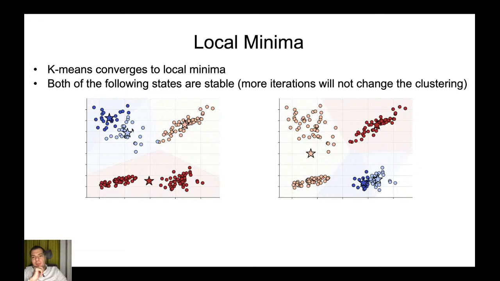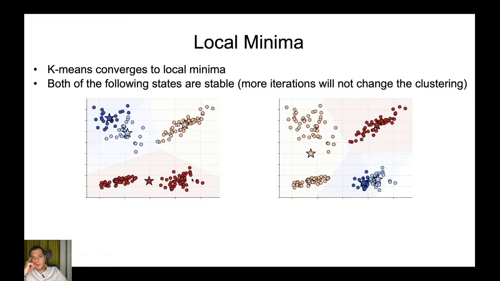In this case we used k equal 4, so this is the optimal number of clusters. But even if you use k equal 4, the clustering will not necessarily result in the expected clusters.